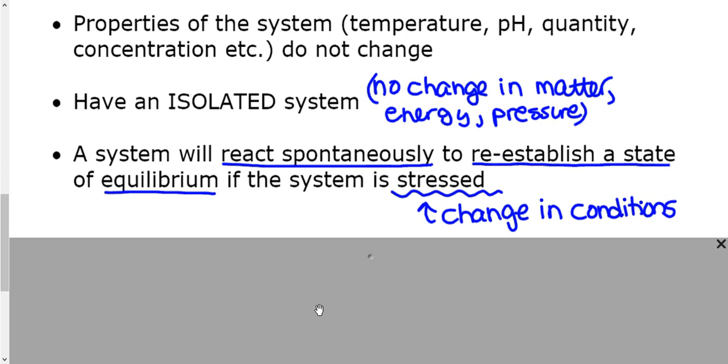So now what we're going to do is introduce a constant that we use quite a bit in equilibrium. It's similar to the constant K that we saw in rate laws before, but it's a little bit different. And this forms the basis for how we're going to solve a lot of our equilibrium problems going forward.